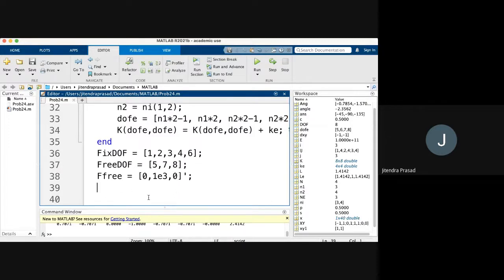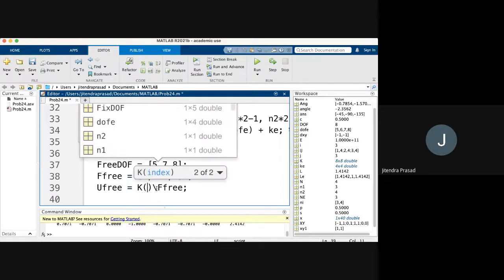And we want to find out u free. What we do is k inverse of that multiplied by f free. But which k? For K, only the free degrees of freedom we have to take.